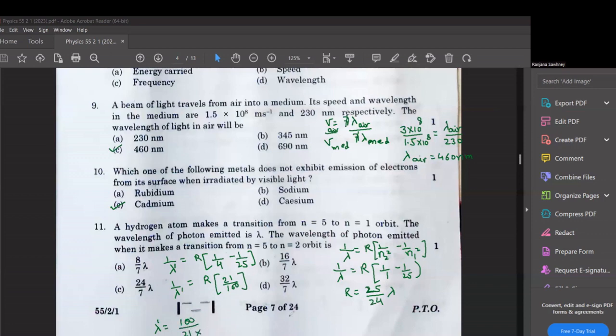Substituting R is equal to 25 upon 24 lambda and simplifying, we get 32 upon 7 into lambda. So the correct option is D.